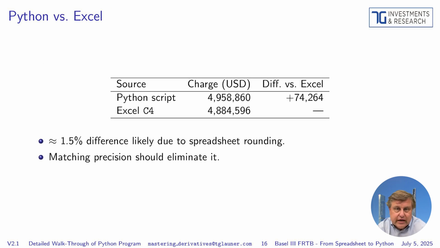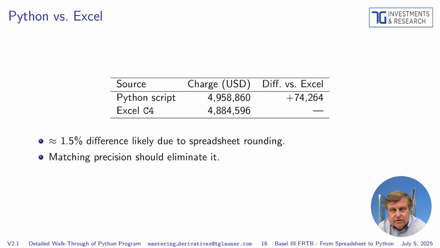This table compares the results from the Python script and an Excel spreadsheet for this specific charge. The input parameters are the same for the two approaches, Excel and Python. The Python script produces a value of 4,950,860 US dollars, which is about $74,264 higher than the Excel amount.